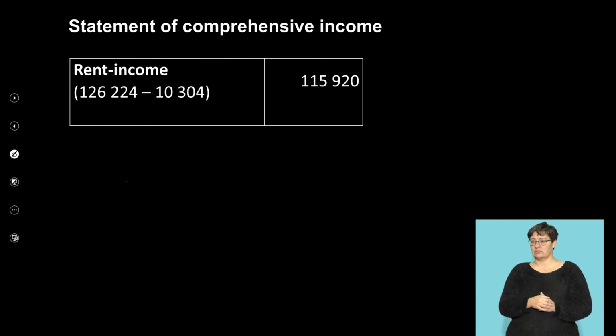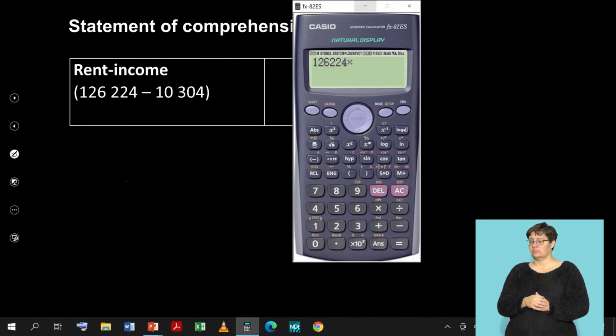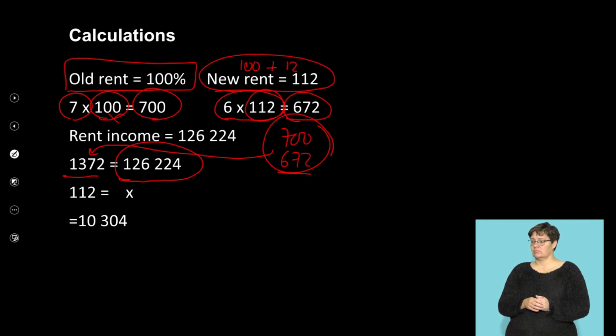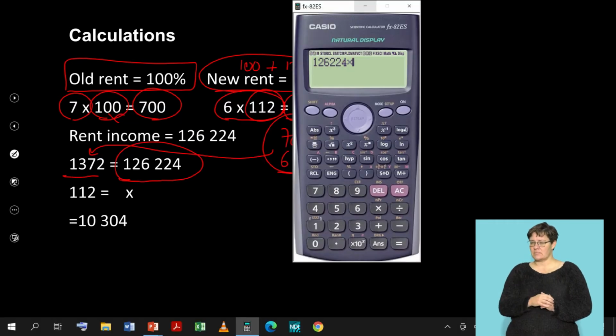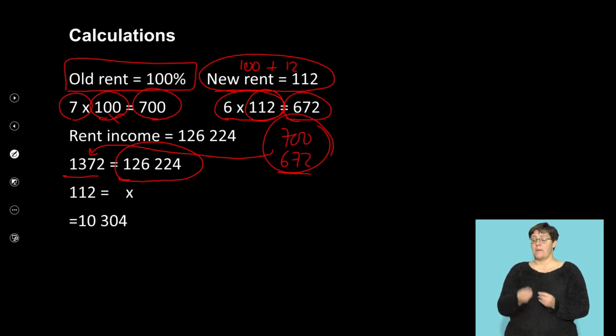So let's go back to our calculator. 126224 times the 112 divided by 1372, and here we go. There's my figure, 10304. What is the 10304? That will be the rental for January.